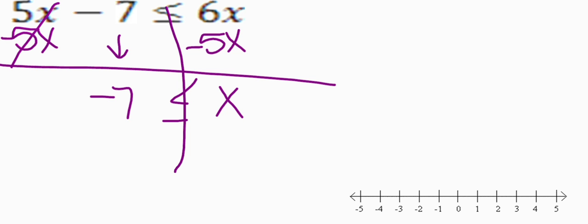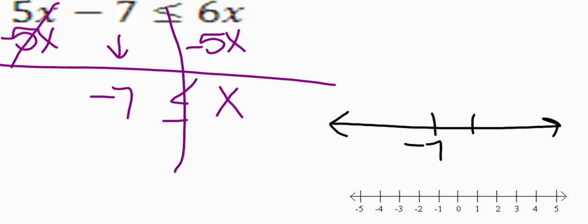Now I'm going to graph that. My number line down here at the bottom right doesn't have enough numbers, so I'm just going to sketch one. And I'm going to put -7, -6, -5. You don't have to have the 0 in the middle. You just need to make sure you have some numbers on each side.